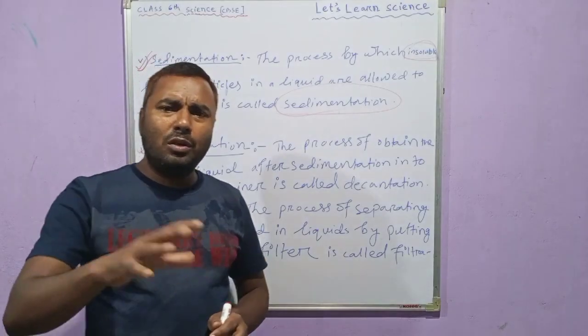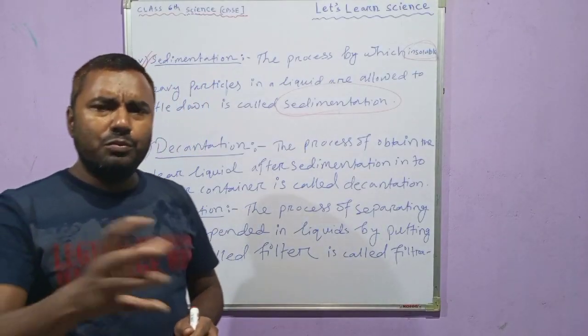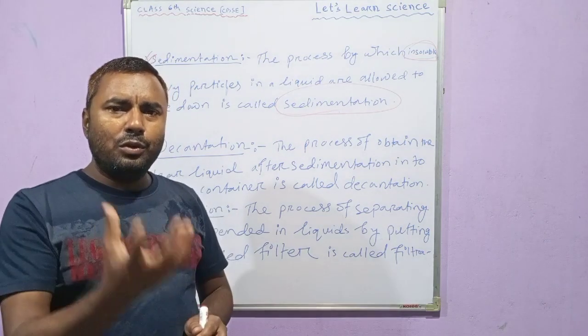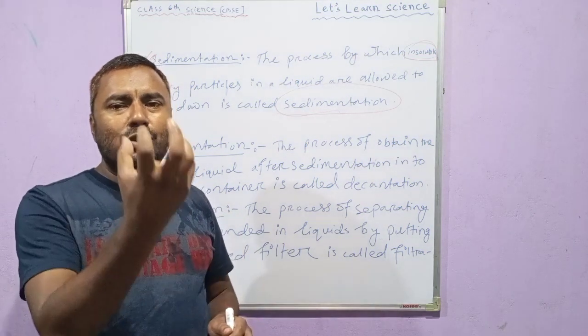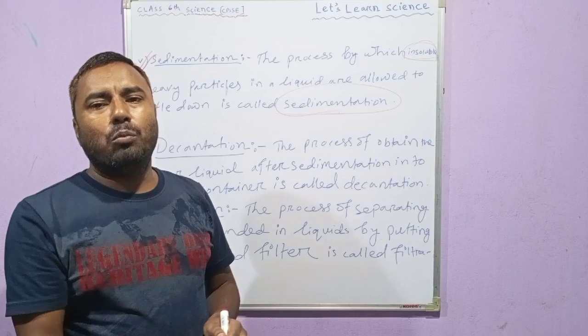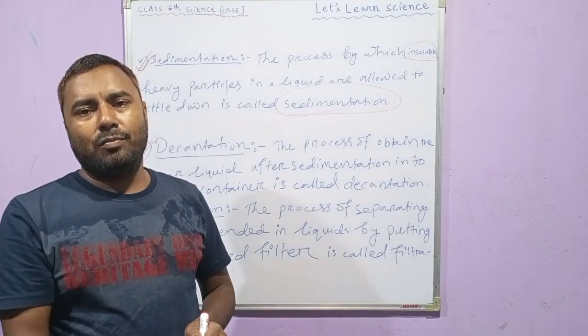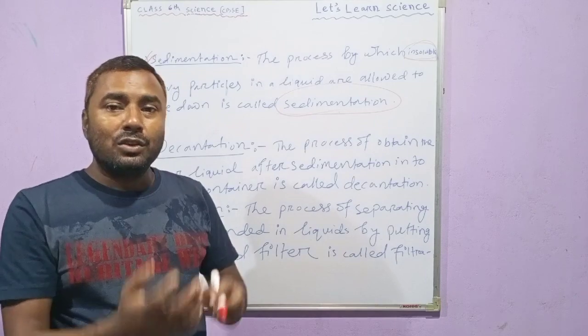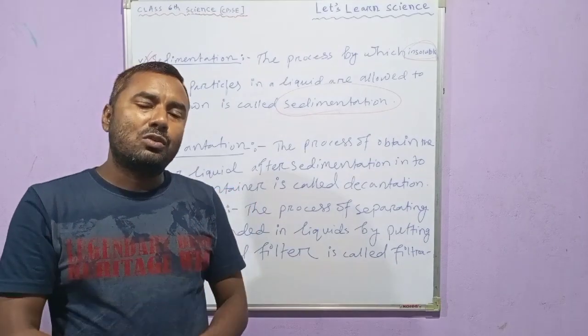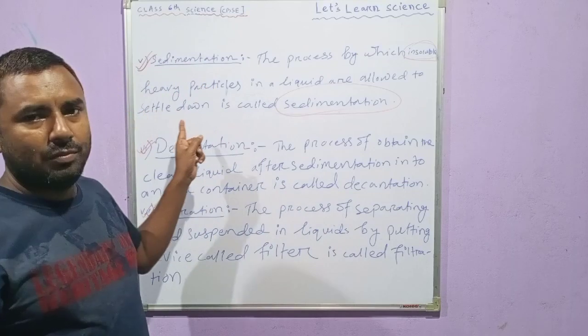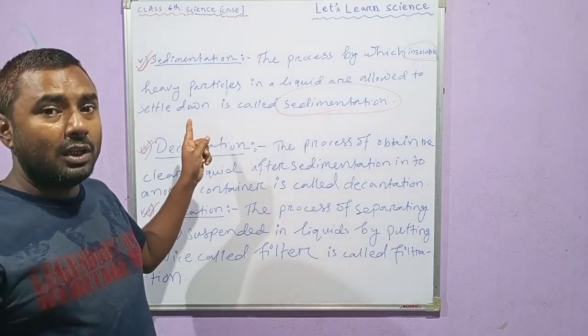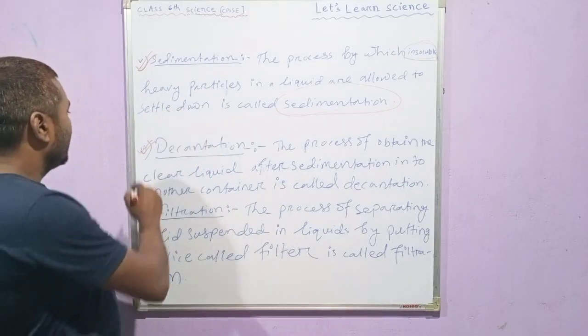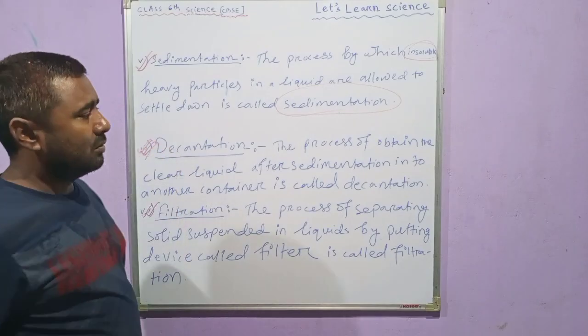If you observe the glass, then what will happen? You will see all the sand particles settle down at the bottom of the glass. That whole process is called what? Sedimentation.